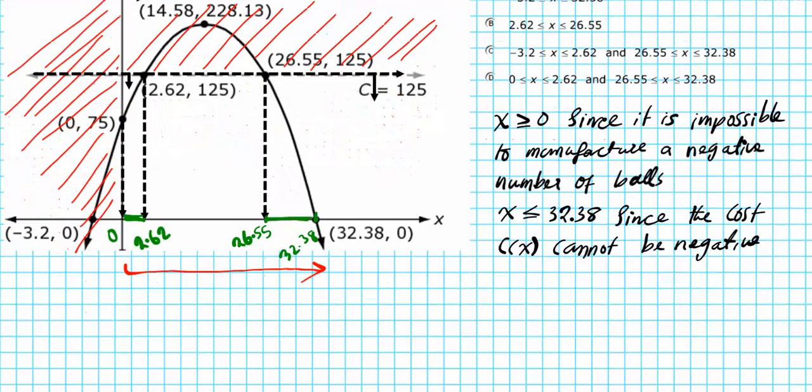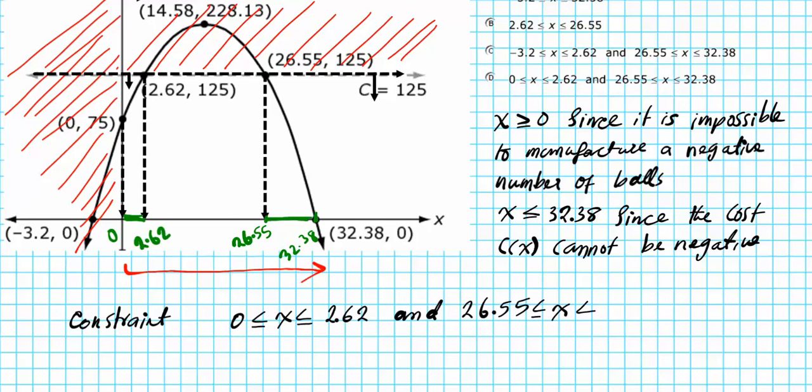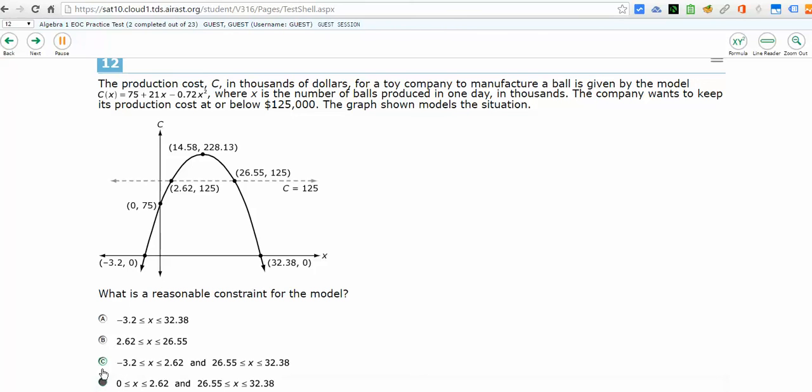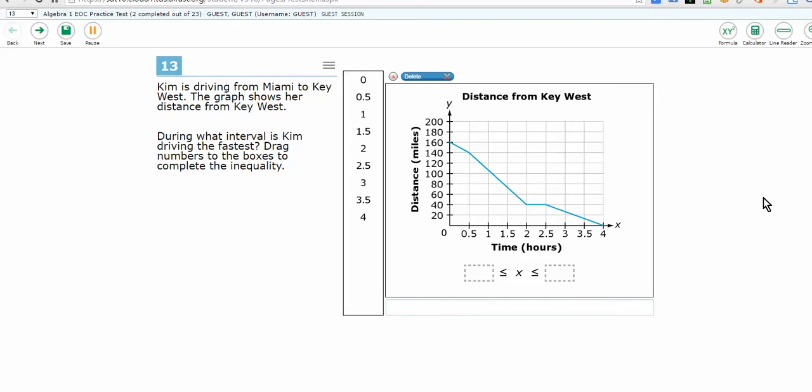Okay, so the constraint is going to be 0 less than or equal to x less than or equal to 2.62 and 26.55 less than or equal to x less than or equal to 32.38. That's option letter D. All right, so we just simply check our answer right here and advance to the next question. All right, let's take a look at question 13.